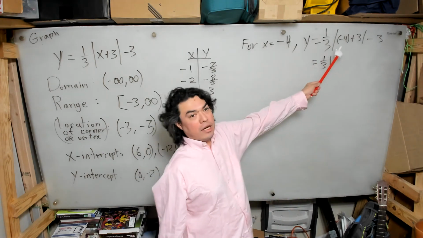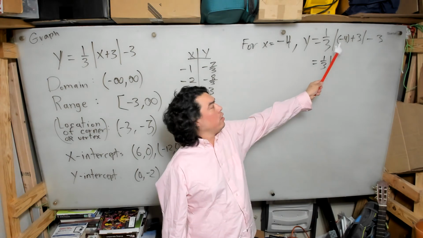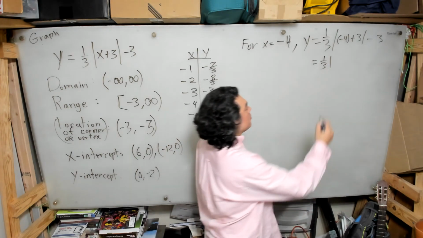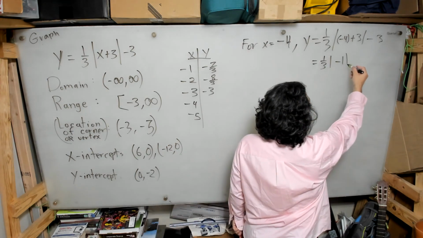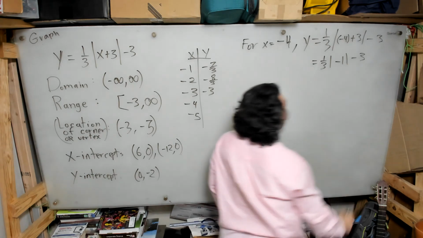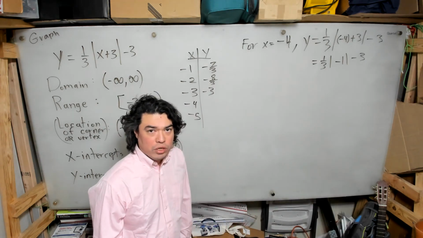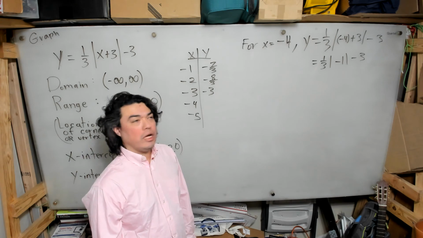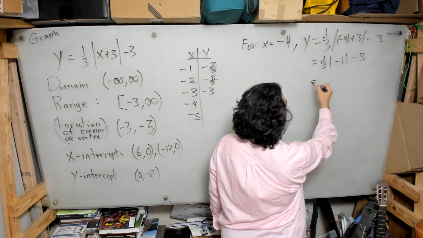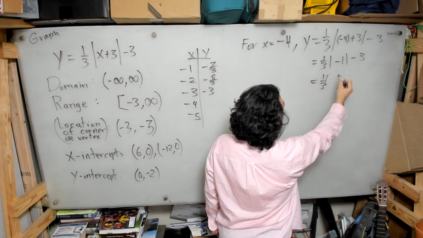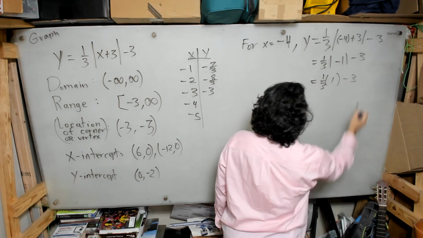What is negative 4 plus 3? It's negative 1. And then minus 3. What is the absolute value of negative 1? It's positive 1, right? So I can replace this as 1/3 times 1 minus 3.